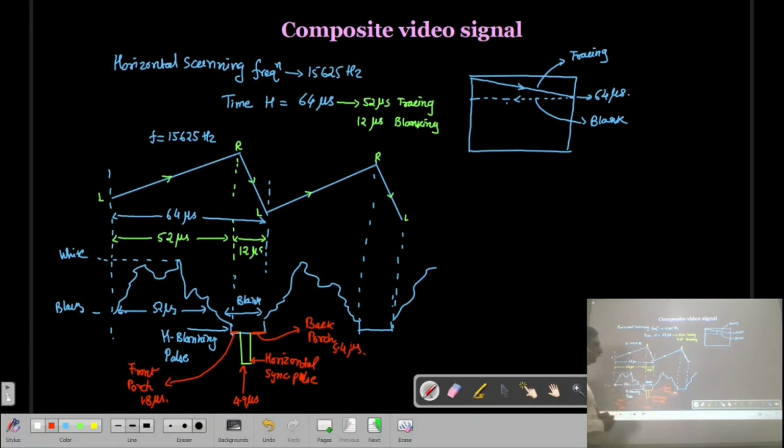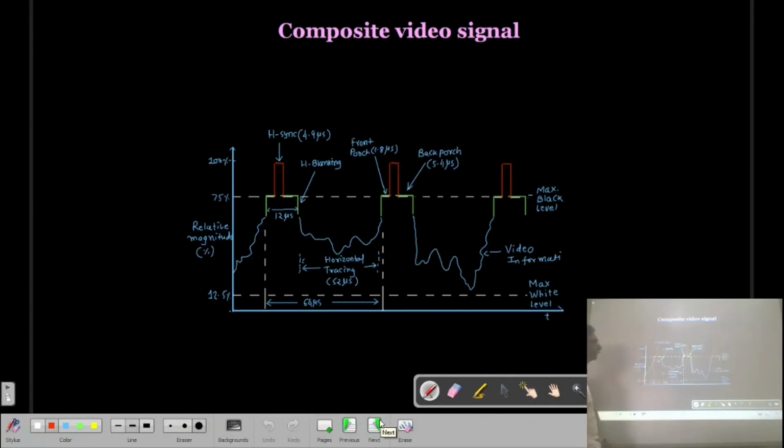Now remember, let us see the actual video signal generated by the camera tube. Here you can see this is the actual signal of a camera tube and it is inverted, correct? But what is the important thing?